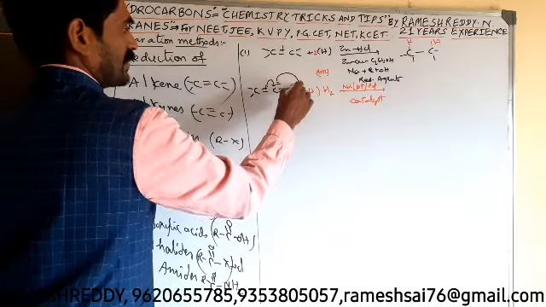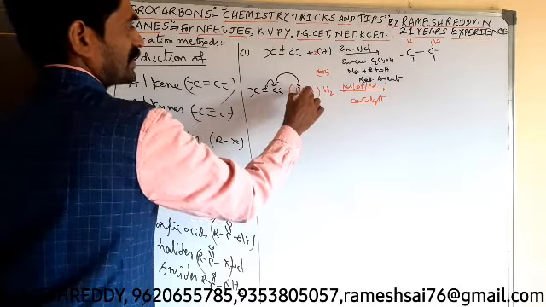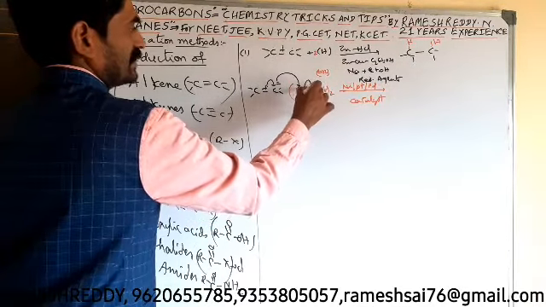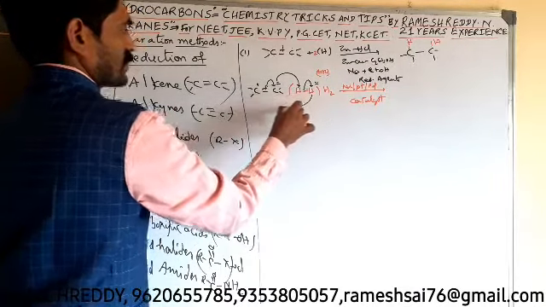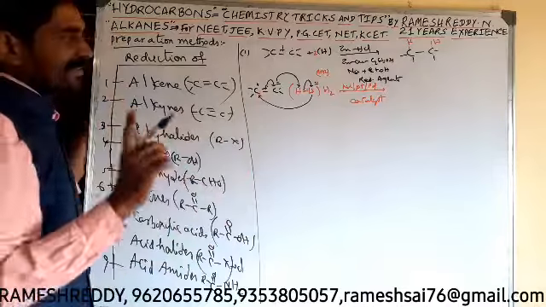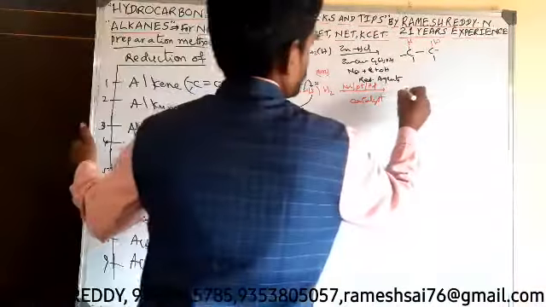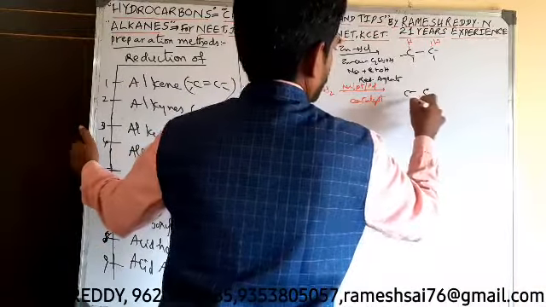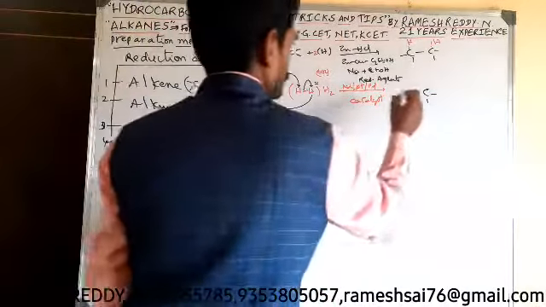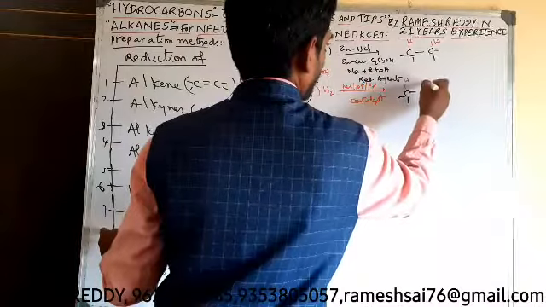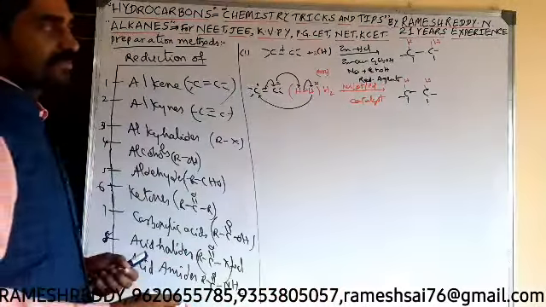By using the 2 electrons it makes a bond with this, and these 2 electrons are taken by this hydrogen, which gets a negative charge. Then this carbon is positive, and this H minus is bonded. Is it clear? Then you will get the alkane.